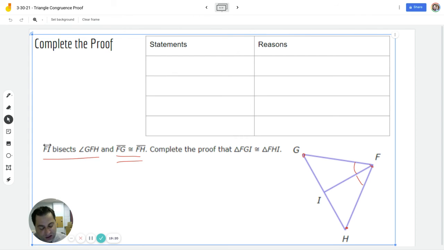Let's get that down. GFI, so angle GFI is going to be congruent to HFI. And that's by the definition of an angle bisector.